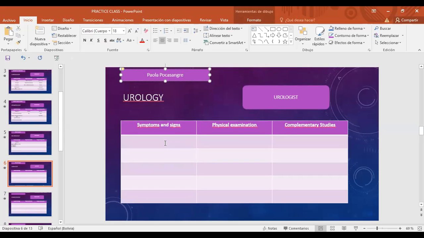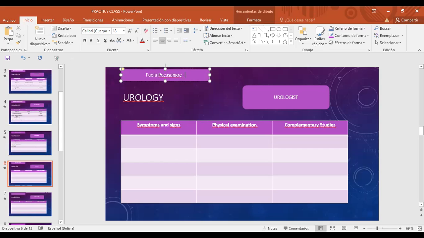Something related with kidneys. Okay, like what kind of disease, any condition that you might remember now? Kidney stone. Sorry, didn't catch it. Kidney stones. Kidney stones. Yes.